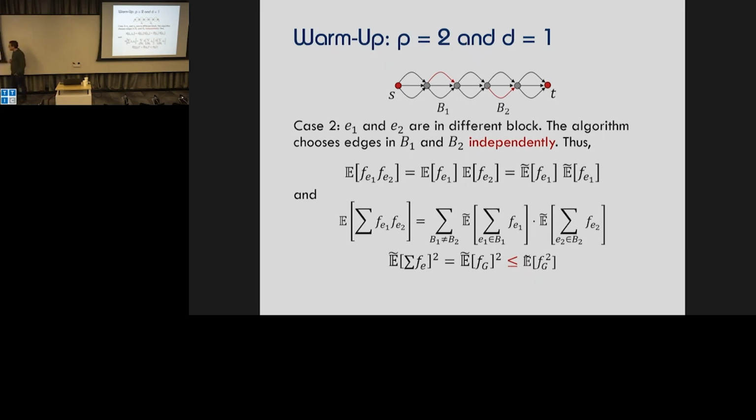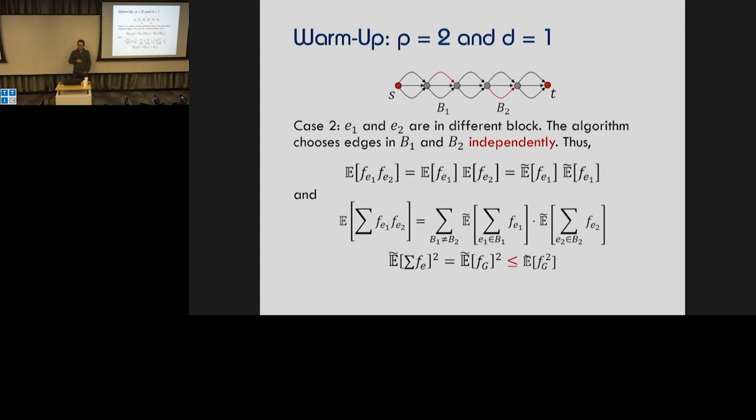So we are almost done. We have this upper bound, but we want to get this upper bound. That's the SOS objective. Note that if we had real expectations, then this inequality would be trivial because the difference between the right-hand side and the left-hand side is nothing else than the variance of f_g, which is always non-negative.